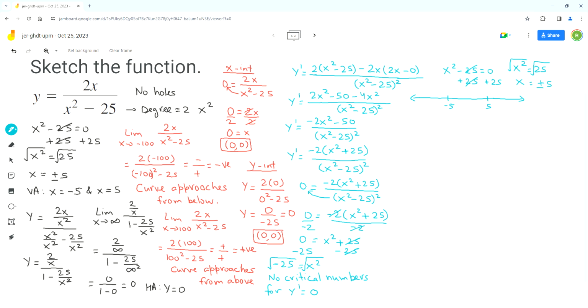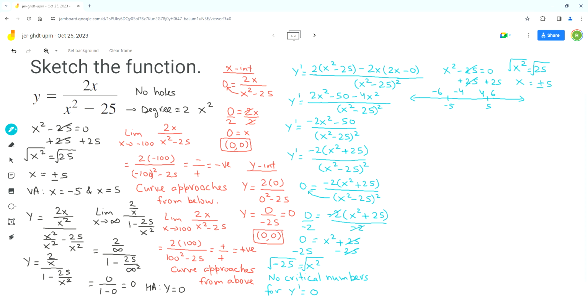So for negative 5 on the left side, we can use negative 6. On the right side of negative 5, we can use negative 4. And for 5, we can use 4 on the left side and 6 on its right side. So we'll sub in these test values one by one in the first derivative expression.